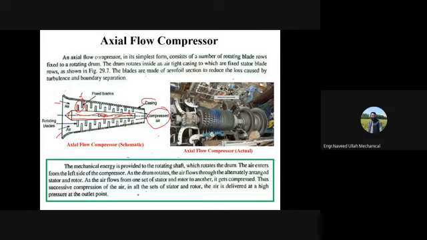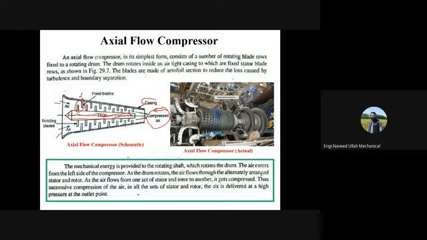If these stages were not there, you remember, right? For example, if I remove this rotor and these stators, and let's say the air enters from this side, this is a divergent section.